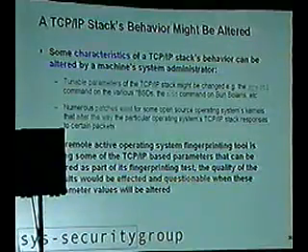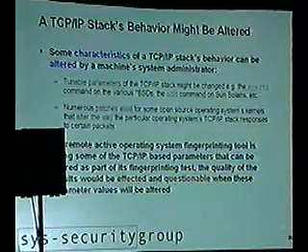For example, several people like to change the window size of the box if the box is being used as a web server and such. If you are relying on this kind of test and the particular values were changed and altered by the system admin of that box, of that corporate that you are scanning, then of course you will get problematic results that will be affected by this.